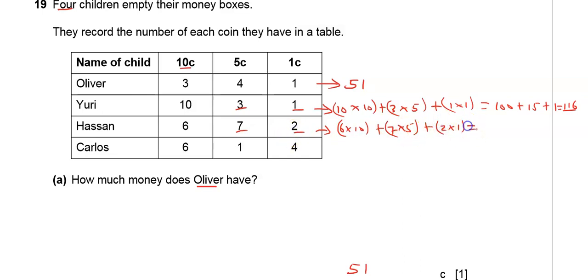Hassan has got 6 times 10 cent coins plus 7 5 cent coins plus 2 1 cent coins, and this is going to be 60. 6 times 10 is 60. 7 times 5 is 35. 2 times 1 is 2. When you add up this, you get 97.